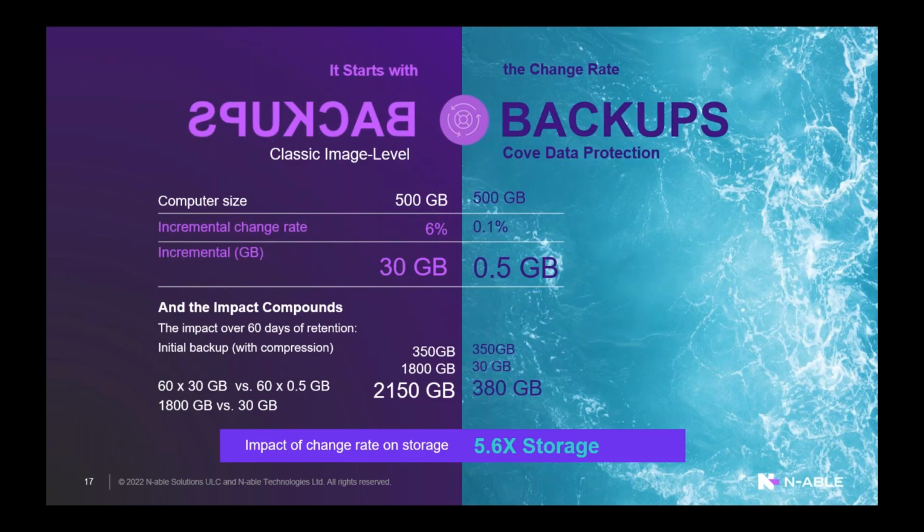And in this slide, we have a comparative between Cove and a classic solution with classic image level. As you can see in this example, you have a 500 gigs backup, but the incremental change rate for the classic level is 6%, and with Cove Data Protection, you have less than 1%.